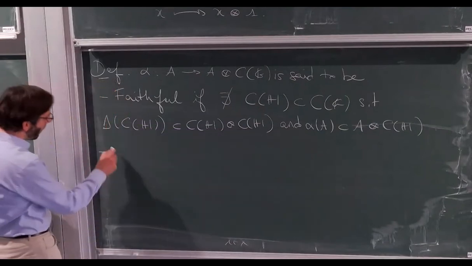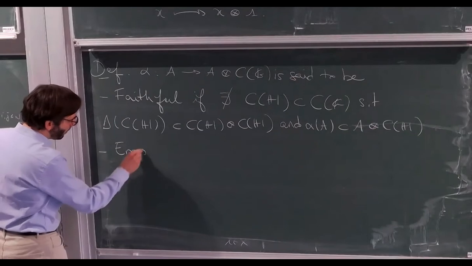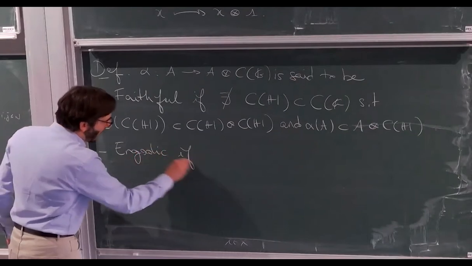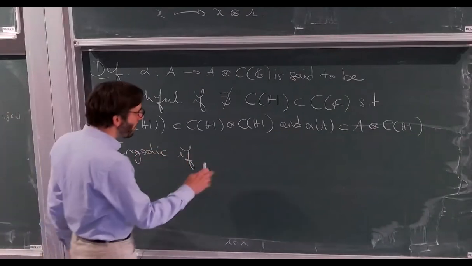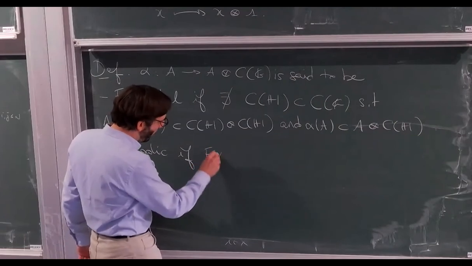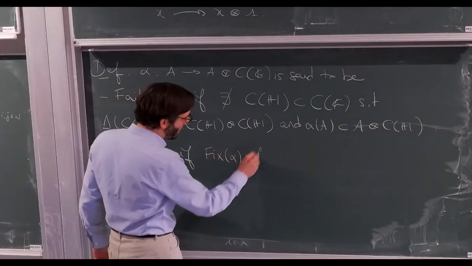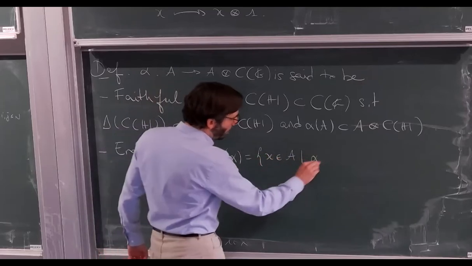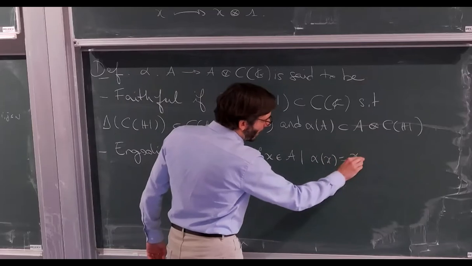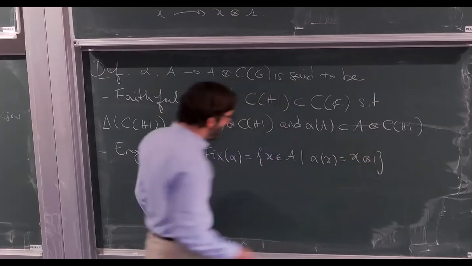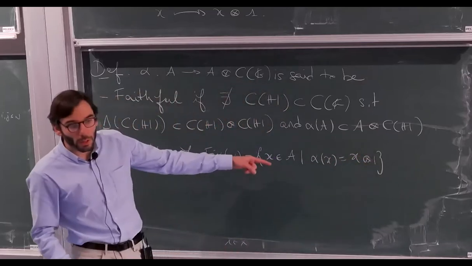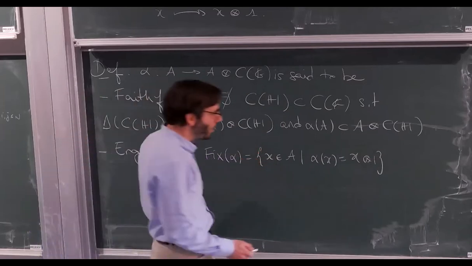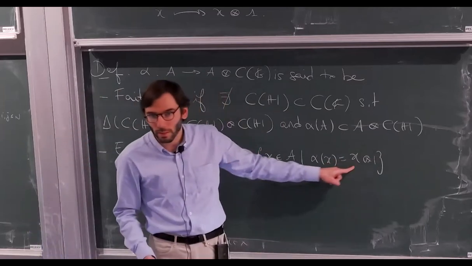And the other condition is being ergodic. So ergodic means that some subspace, what's called the fixed points of alpha, is trivial. What is this? It's the elements in A such that when you apply alpha, you get x tensor 1. So these are the elements on which the action is trivial. Of course, if x is the unit, then it's in there.